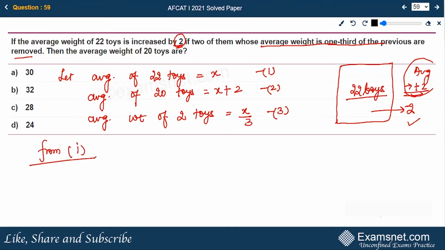From the first, the average formula is sum of observations divided by number of observations.